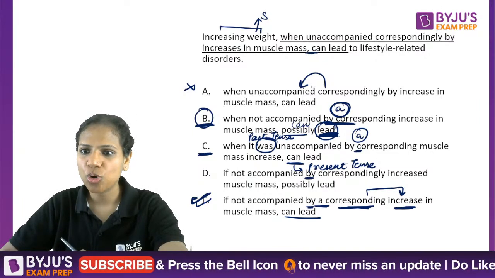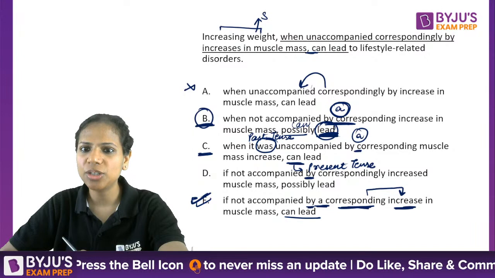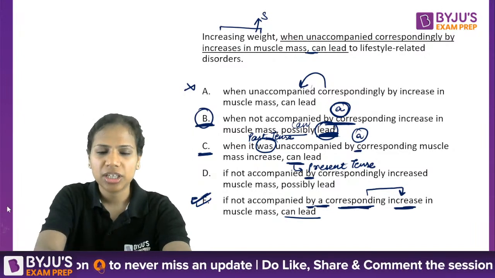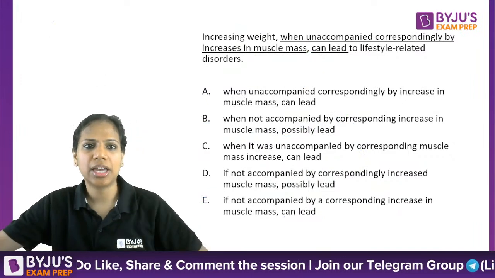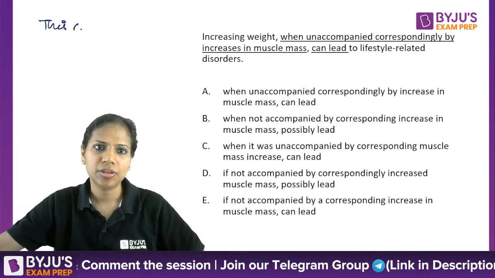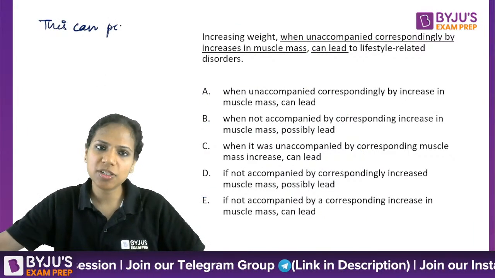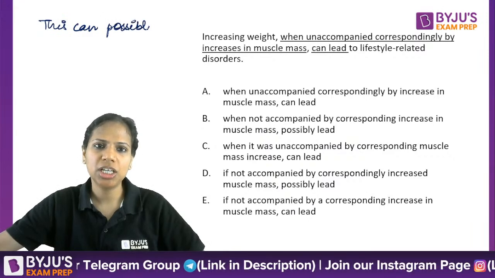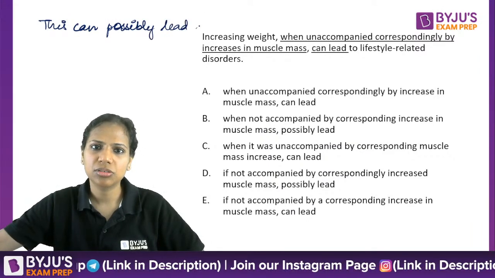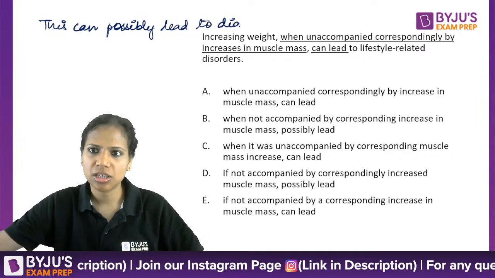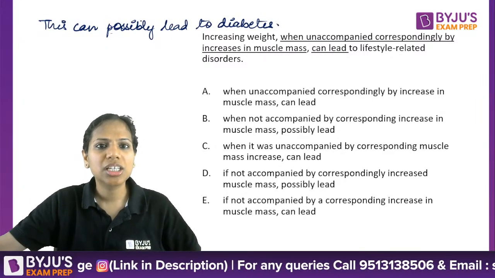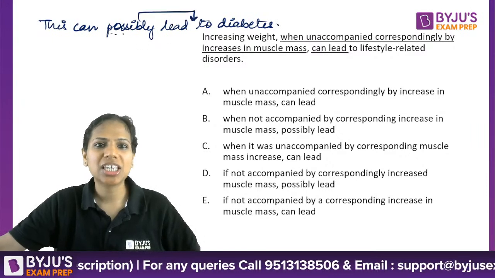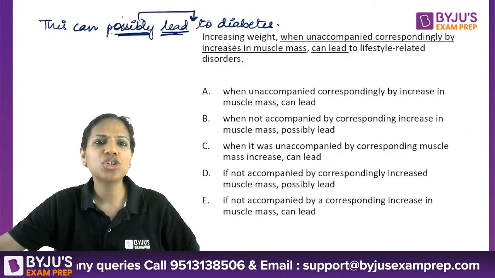Please guide if possibly lead is correct over lead possibly. We should place possibly first. This can possibly lead to, let's say, diabetes, a lifestyle related disorder. So lead possibly does not make sense. This can possibly lead. Basically, I'm not sure.